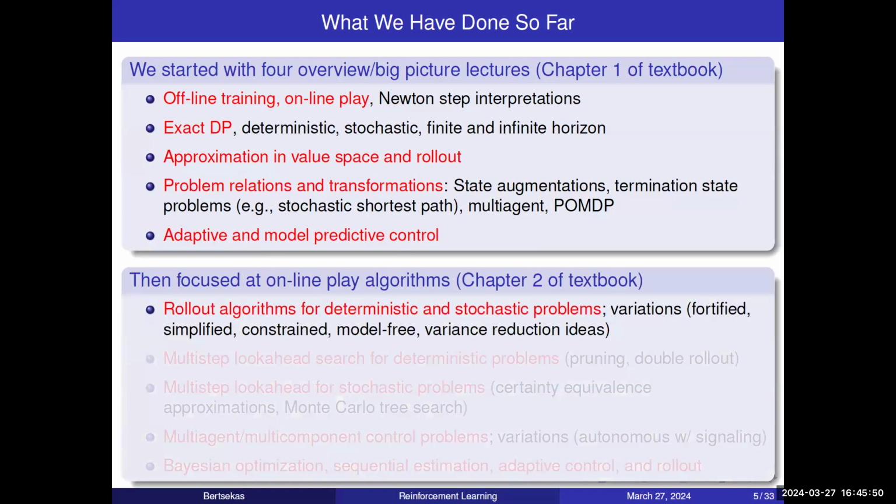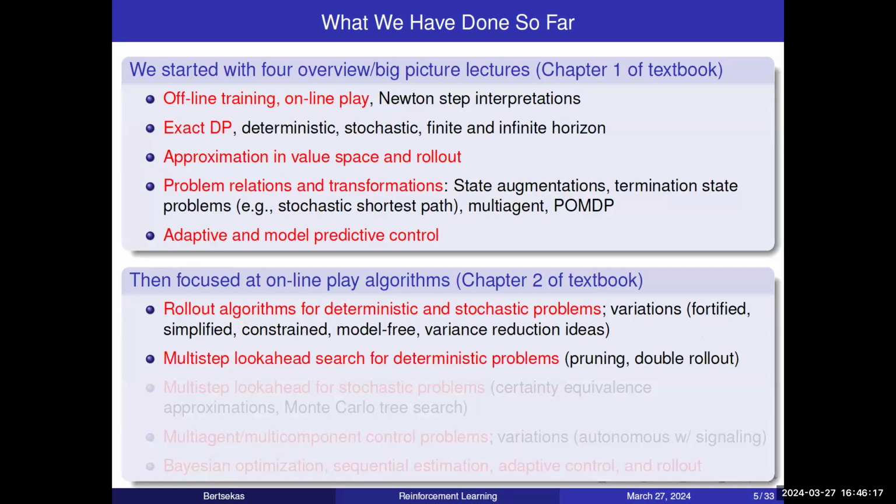Then we focused on the online play algorithm, which is chapter 2 of the textbook. And this includes the rollout algorithm for deterministic and stochastic problems, and their variations, for example, fortified, simplified, constrained, model-free, and variance reduction ideas. We talked about multi-step look-ahead search for deterministic problems.